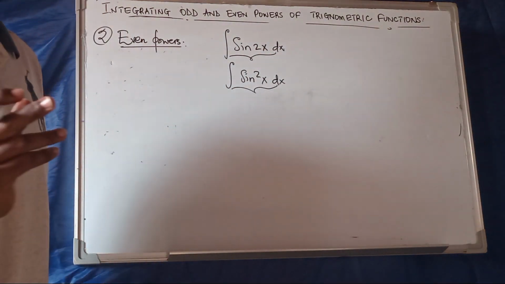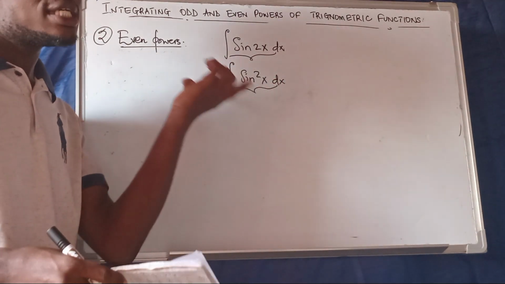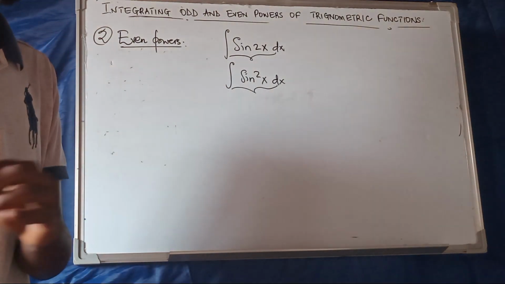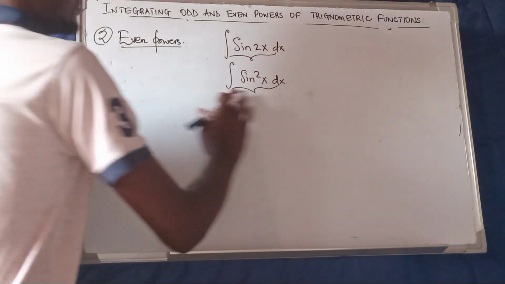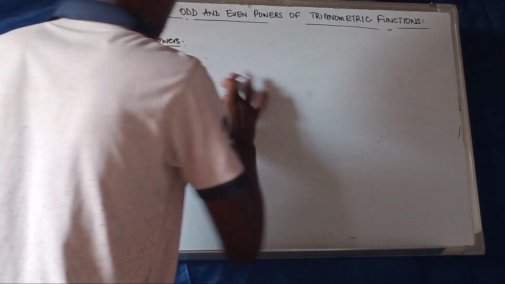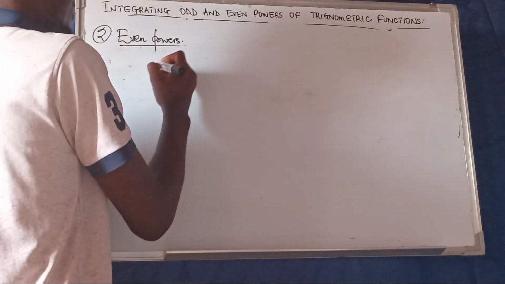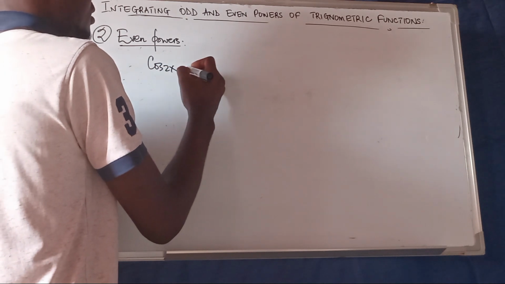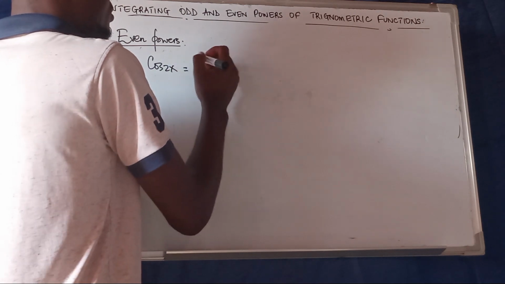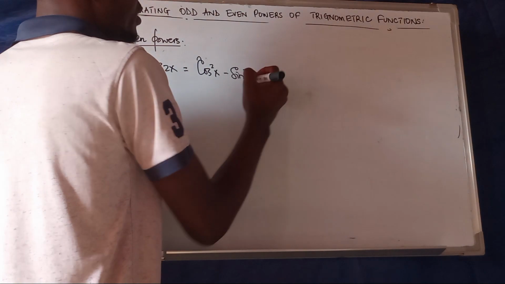So if we are given an even power of sine x, we try to put this sine squared x in terms of double angles. How? Look here. We know that cos 2x is equal to cos squared x minus sine squared x.